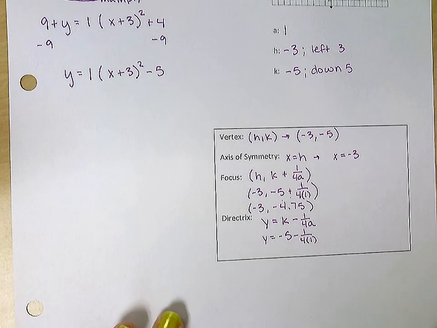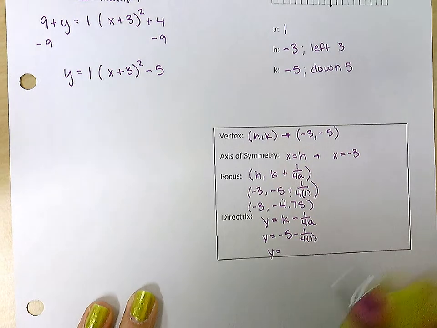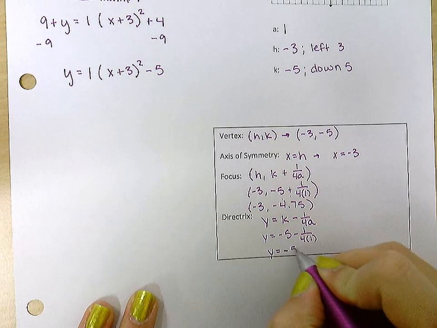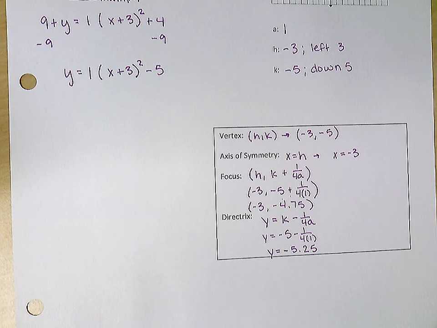So we have -5 minus 1/4. So y is equal to -5.25. And again, just like yesterday, we can make that table of values to plot our points and graph this parabola.